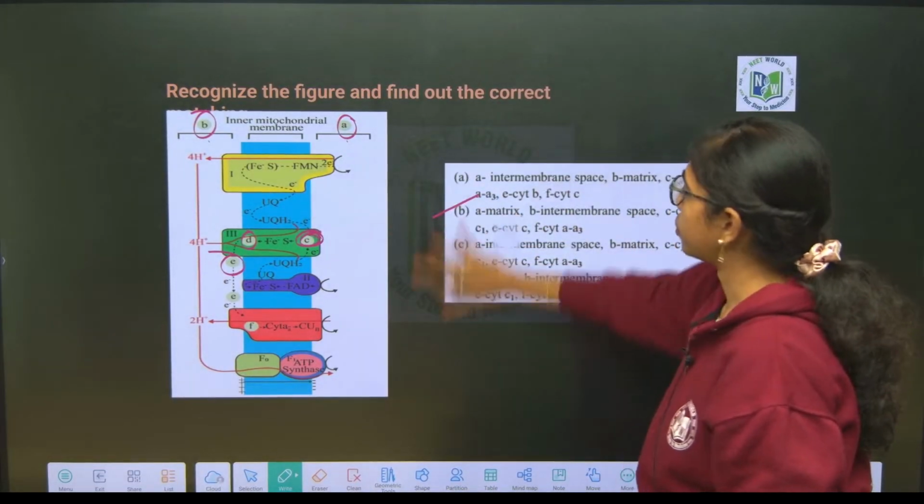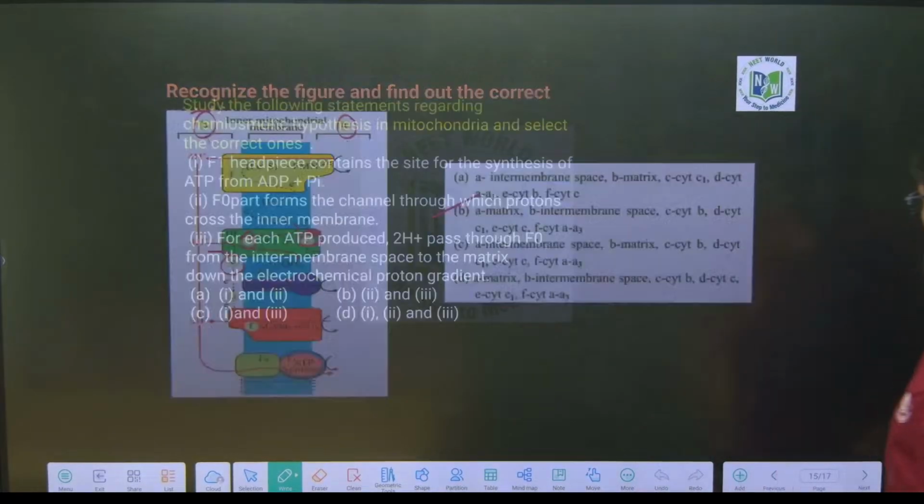Option B will be the right answer. Sorry, B is the right answer. Next question.